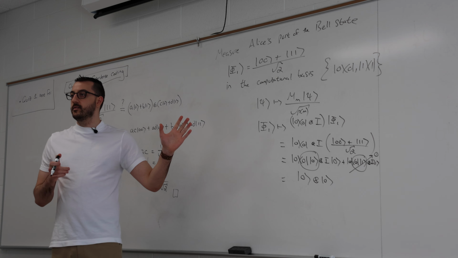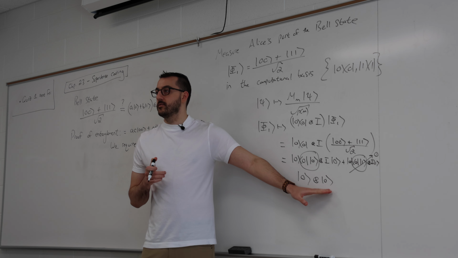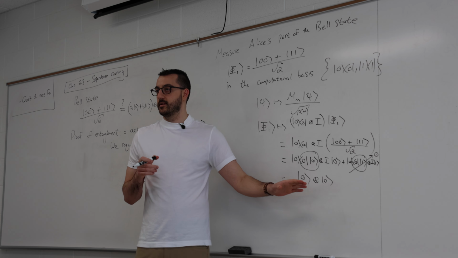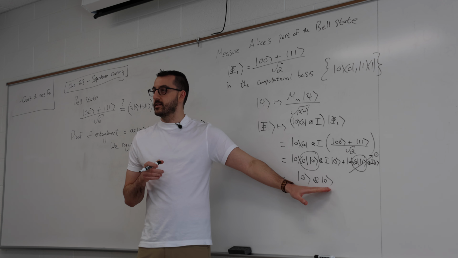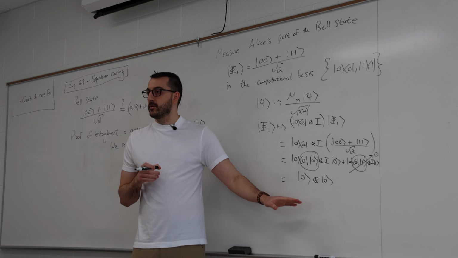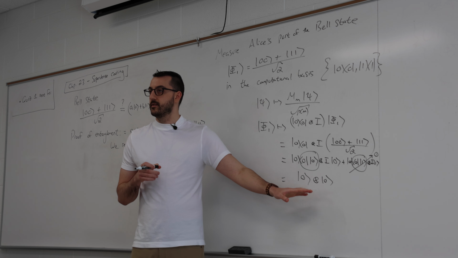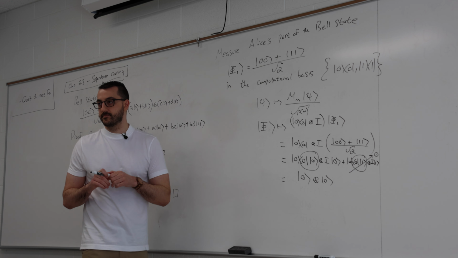Alice measured 0, so she, of course, gets 0. But Bob's state also collapses to the 0 state. If Alice measured the state 1, you should be able to go through the same analysis. Bob's qubit would end up in the state 1. It would be 1 tensor 1 again.